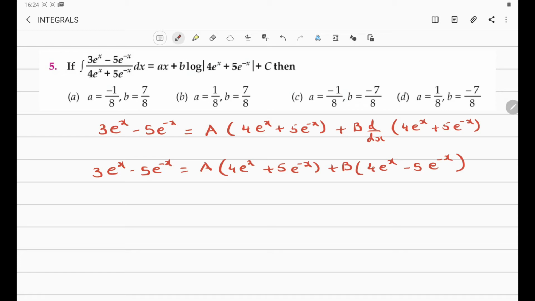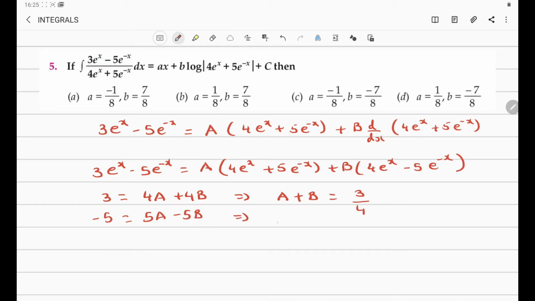So, let us compare the coefficients. We get 3 is equal to 4a plus 4b, which implies a plus b is equal to 3 by 4. Comparing the coefficients of e^(-x), minus 5 is equal to 5a minus 5b.